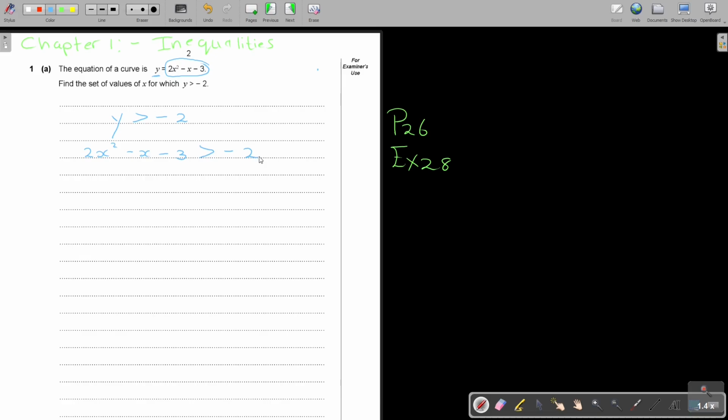Did you see what I did? Because they told you what y is equal to. Now I take everything to one side. So it's going to be 2x squared minus x minus 3 plus 2, and it's bigger than 0. And I'm simplifying, doing a little bit more, too many steps. You could have done it in one step. Minus 1 is bigger than 0.